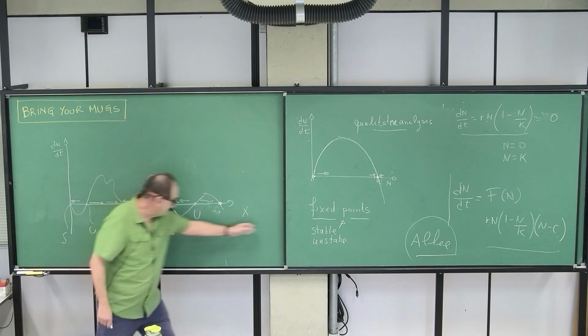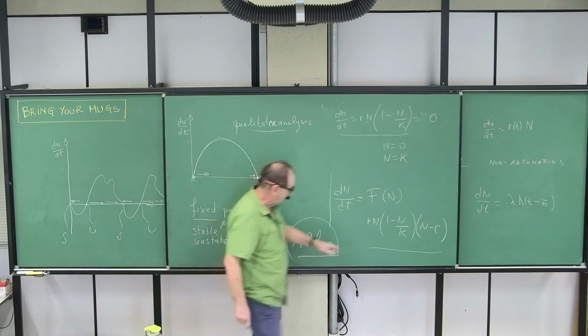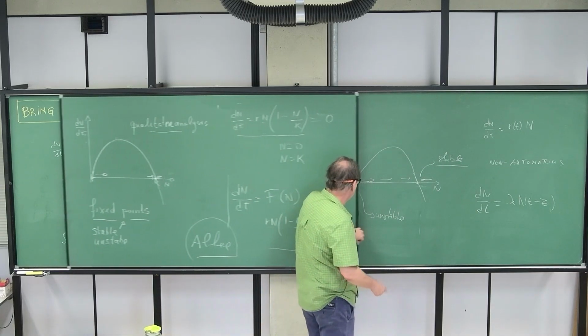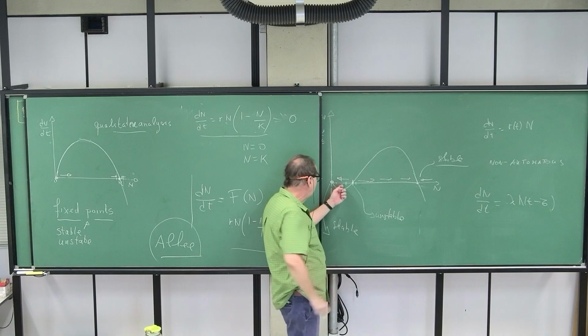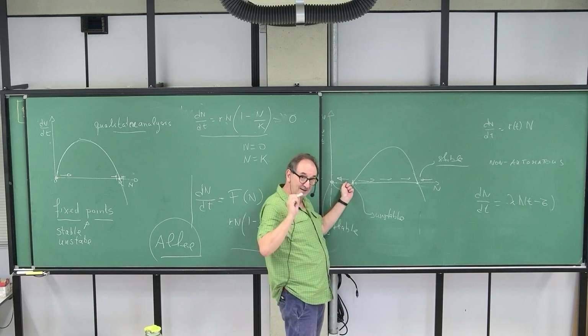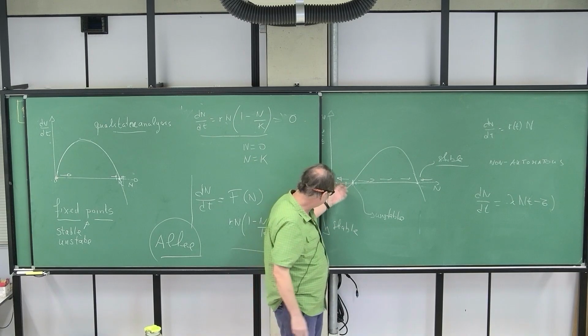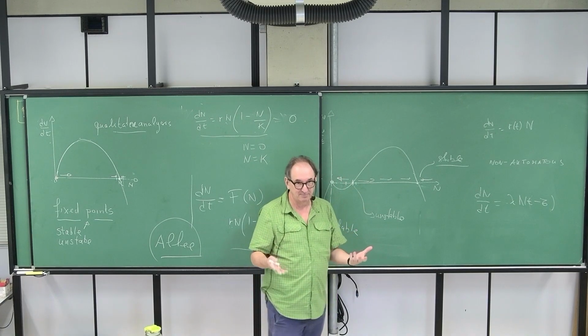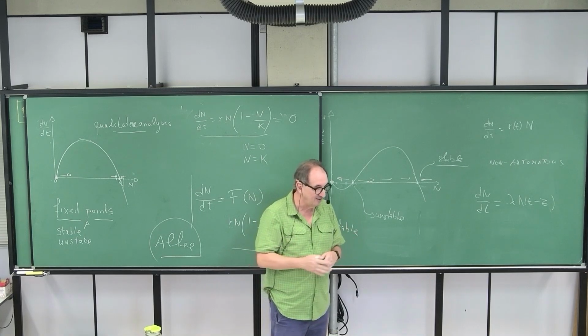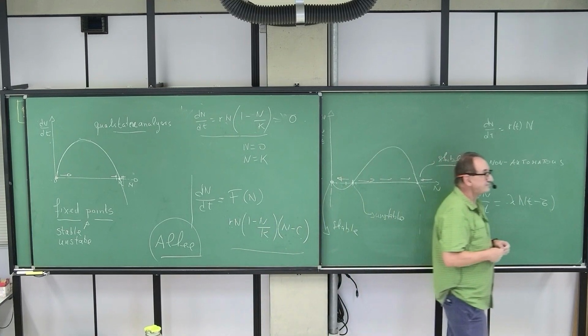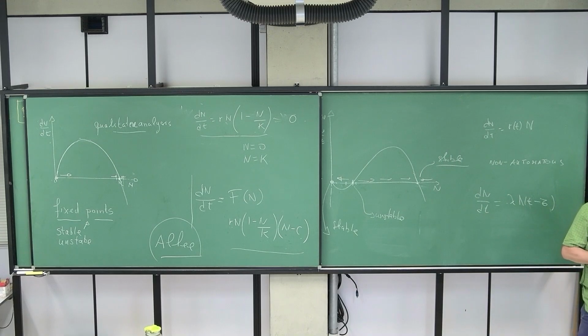And in this case here, that would be even simpler. If I start here, I do not increase to the carrying capacity. I go to 0. So when you have more than one fixed point, maybe you will reach the carrying capacity, maybe not, depending on your initial condition. Okay, so that's the point.